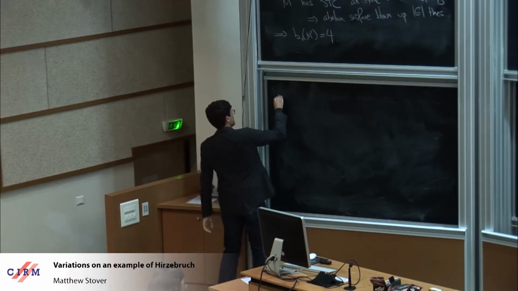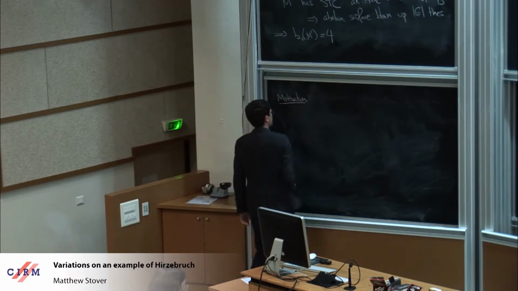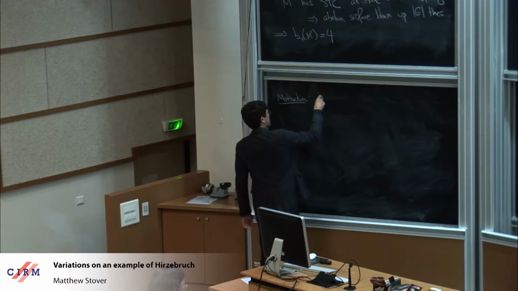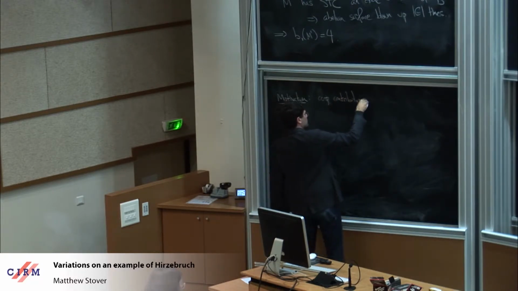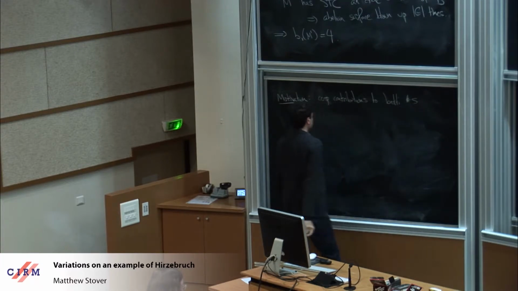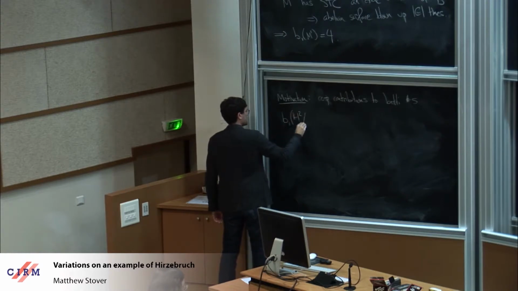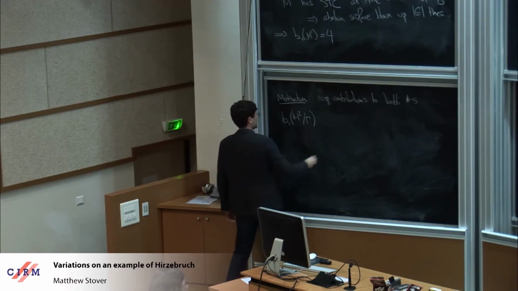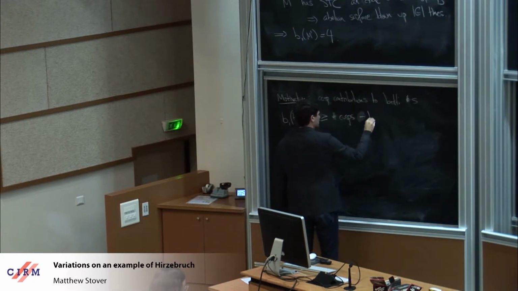So what's the motivation for this? To me, it comes from cusp contributions to Betti numbers. If you look at the Betti number of some quotient of the hyperbolic plane, this is greater than or equal to the number of cusps minus 1.